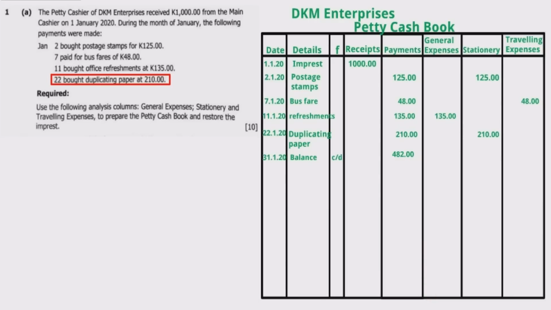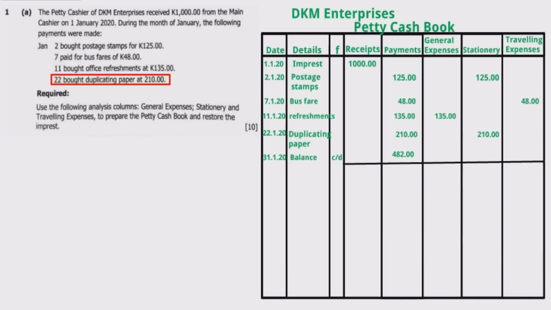This will be the balance carried down. This is the money that the petty cashier remained with. From the 1000 the cashier received, after spending, she remained with 482 kwacha. And that is the one we're going to write as the balance carried down.